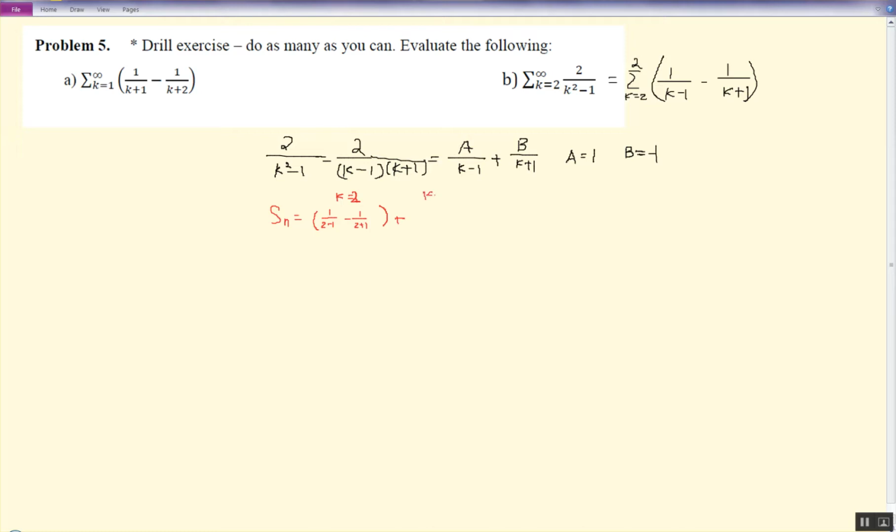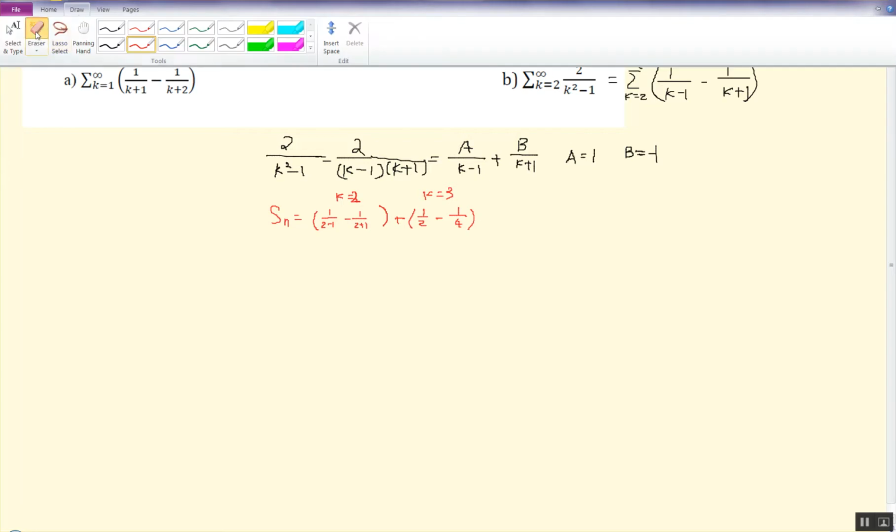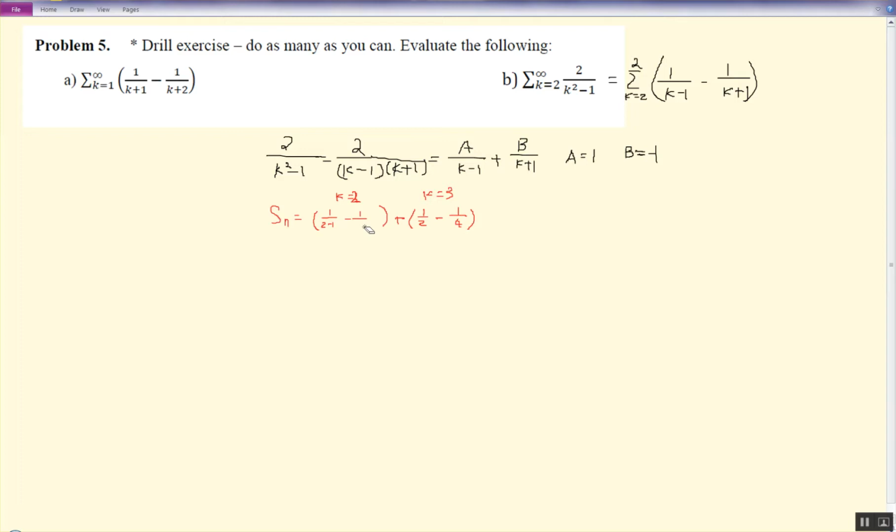So this is 1 over 1, which is just 1, minus 1/3. Now when k is 3, you have 1 over 3 minus 1, which is 1/2, minus 1 over 3 plus 1, which is 1/4.